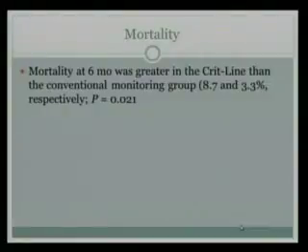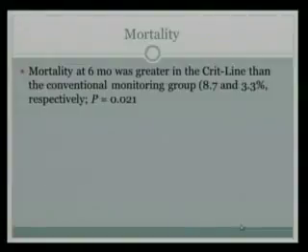If you compare to the historical known mortality for normal dialysis patients, there's no statistically significant difference between crit line monitoring and these historical controls. But in this group, it looks worse for crit line.